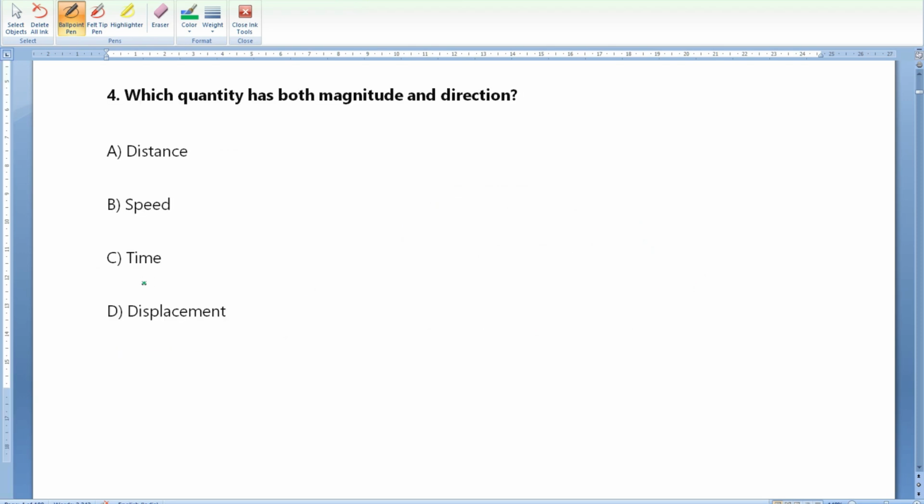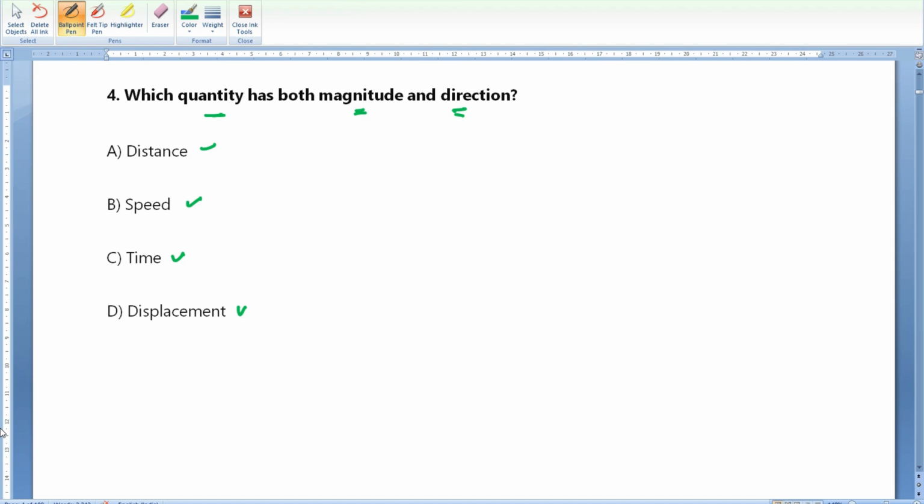Question number 4. Which quantity has both magnitude and direction? Distance, speed, time and displacement. Distance has magnitude only, no direction is given.